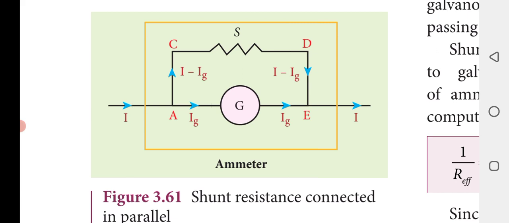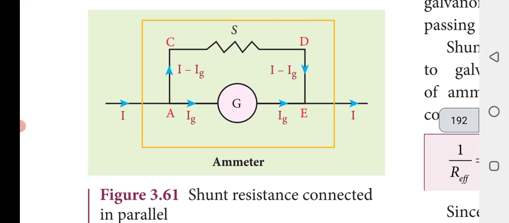So the galvanometer can be converted into an ammeter. How can we convert the galvanometer into an ammeter? We have to use a resistance. That resistance is connected in parallel to the galvanometer.